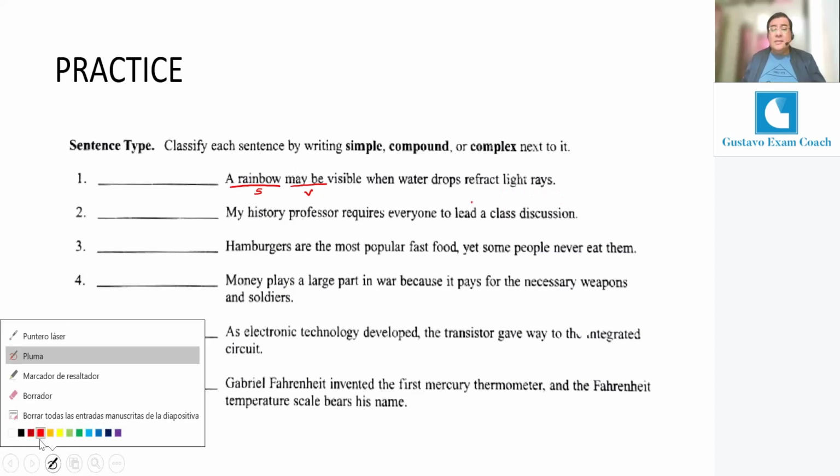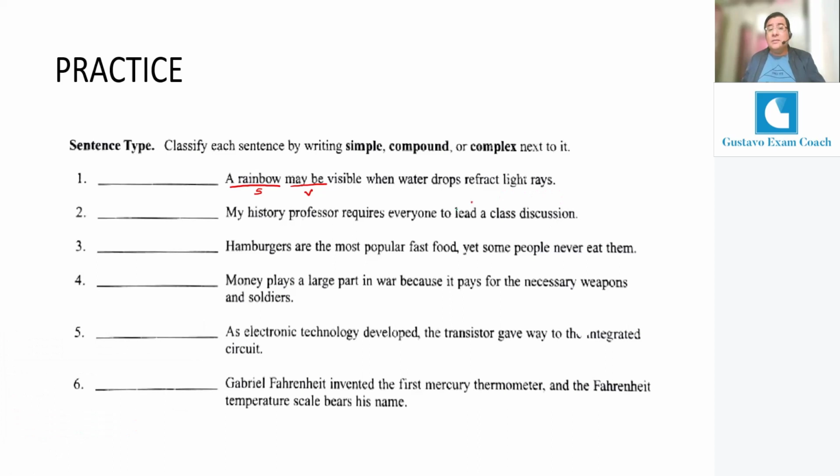There is, in this sentence, another subject, which is water, and another conjugated verb attached to this subject, drops. And we see immediately prior to water, the word when. So you can see that this word actually belongs in the list of subordinators we saw yesterday.